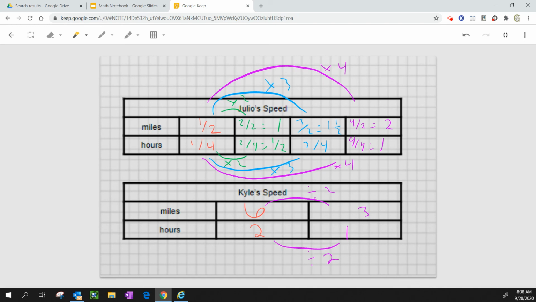Well, if I can get more miles in an hour, I must be going quicker because I'm using the same amount of time, but I'm covering more distance. So in that Kyle can do 3 miles in 1 hour, he is the faster one than the 2 miles in 1 hour. Okay?